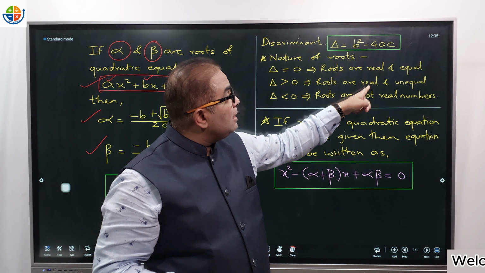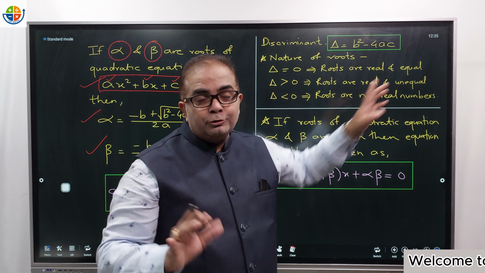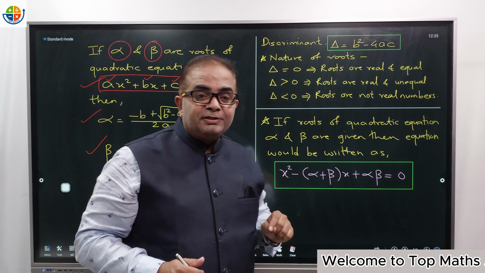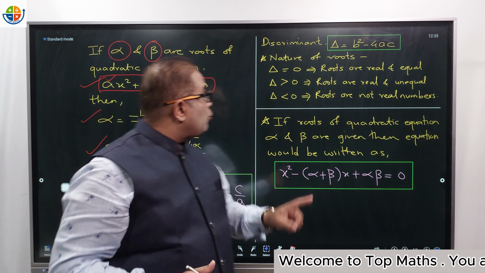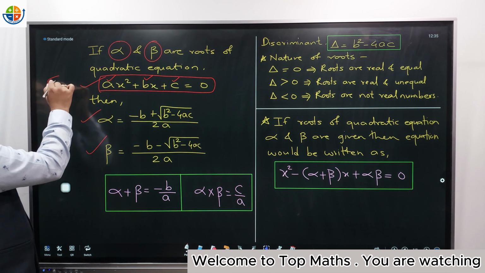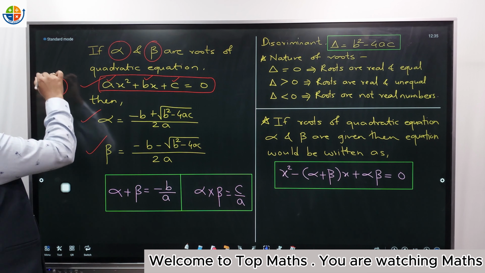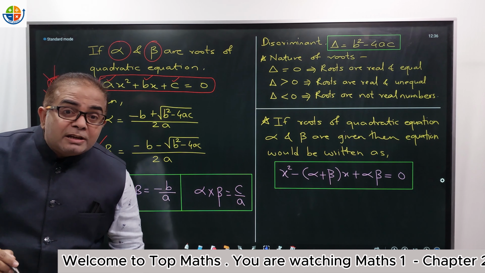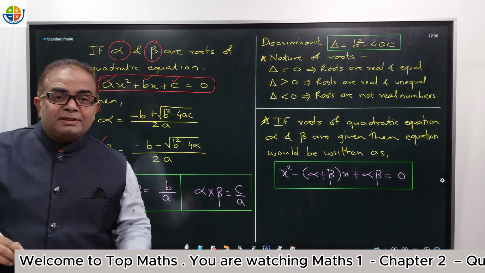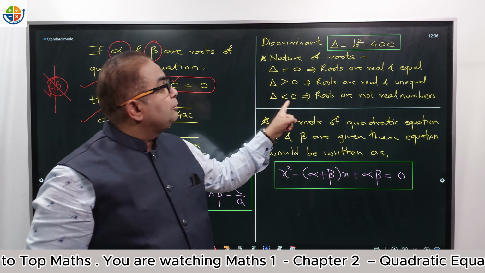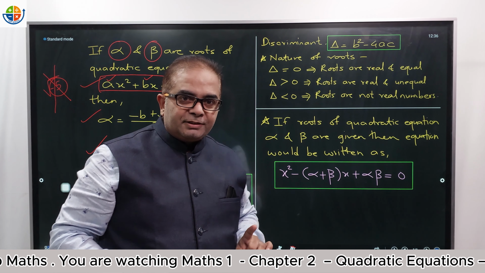So roots are real and unequal. Those two roots will be unequal. And if delta is less than 0, let's say it is minus pi, then square root of minus pi, square root of any negative number is not a surd, is not a real number. You had already learned this concept in standard 9, right? So the roots are not real numbers in that case.